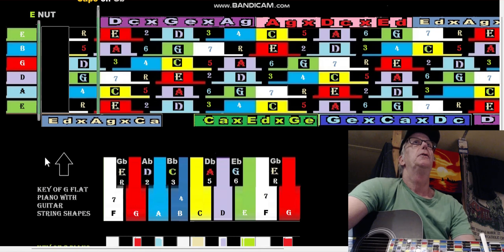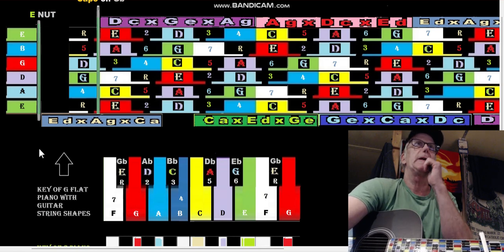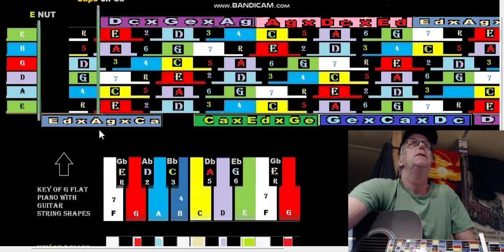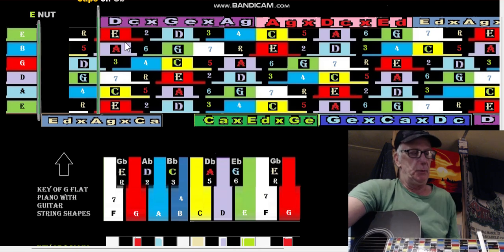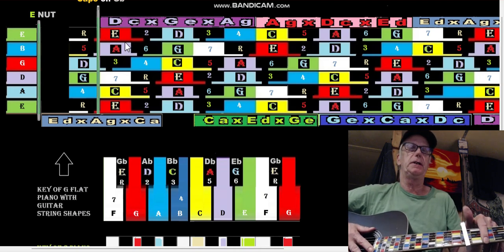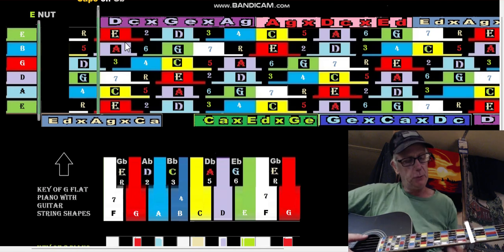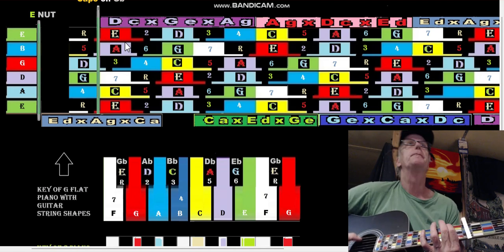I just had to cut it. So there we go. Now we can't get that full E shape anymore that we had when we had the capo down here, and I just played that. But still we can play those black notes.